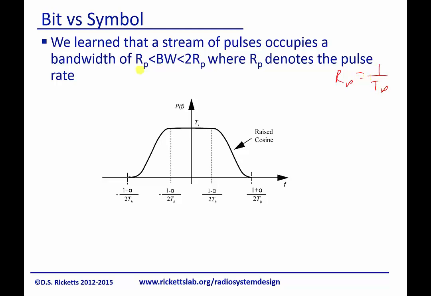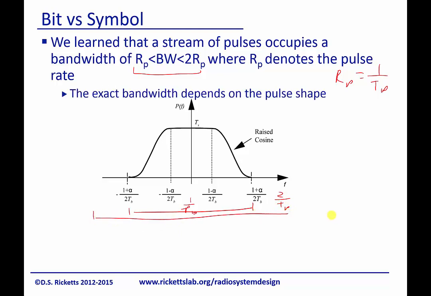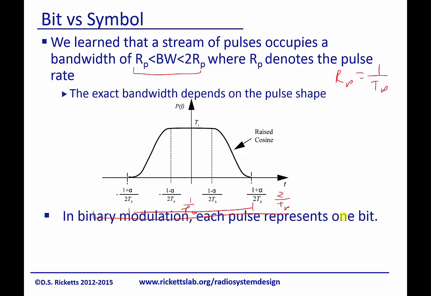And if you're wondering why it is in between, if you look at this, if alpha is 0, this is simply 1 over TP. And if alpha is 1, then this would be 2 over TP, right? So that's what we're looking at, possibly between 1 and 2 over TP, and it depends upon the pulse shape.